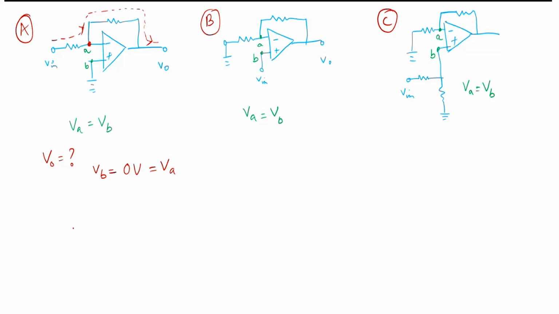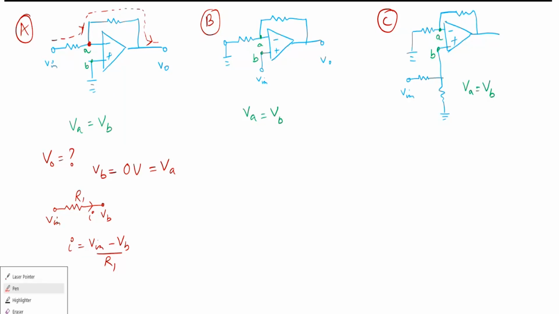Now you see this point. Can you see this figure? So if current I is flowing here, then can I write I is equal to V input minus VB divided by R1? Can I write it like this?